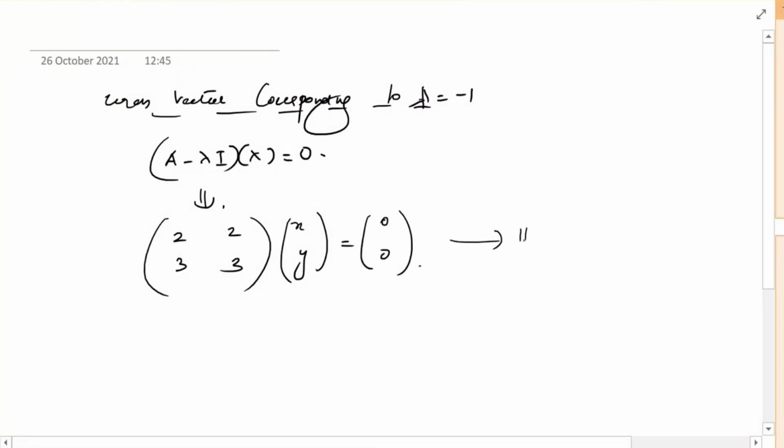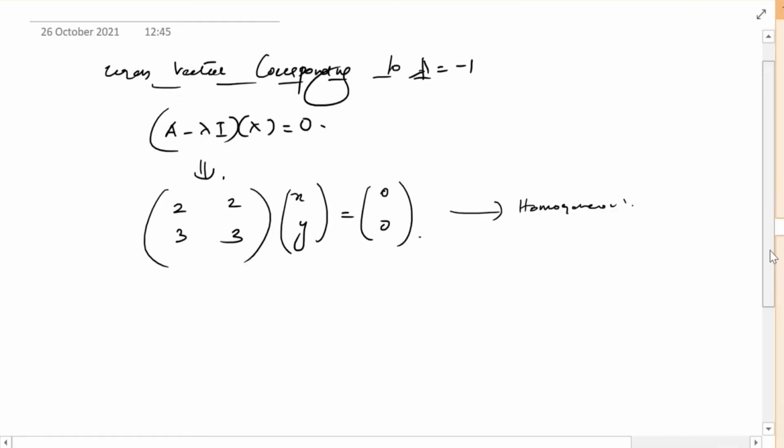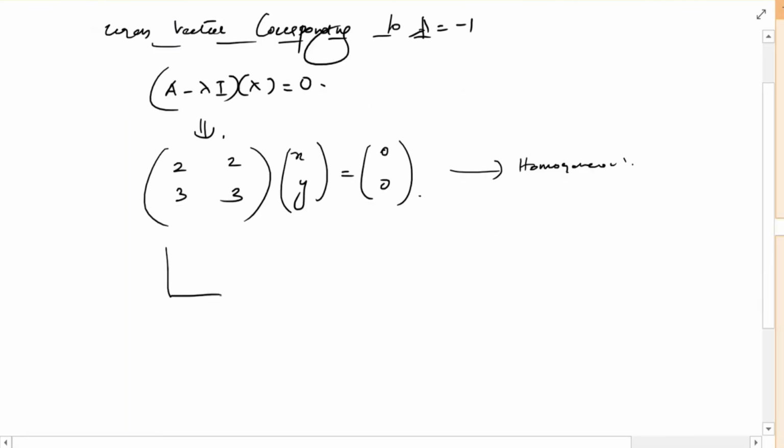This one is the homogeneous system. So now find the solution by reducing it into echelon form.